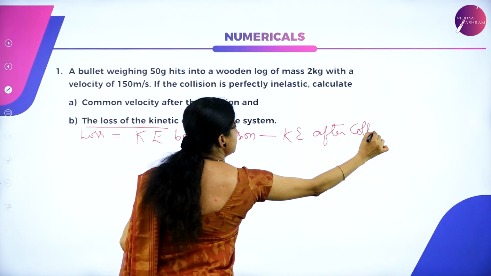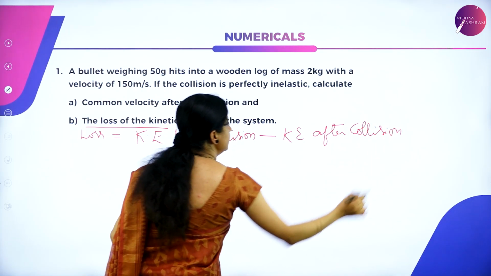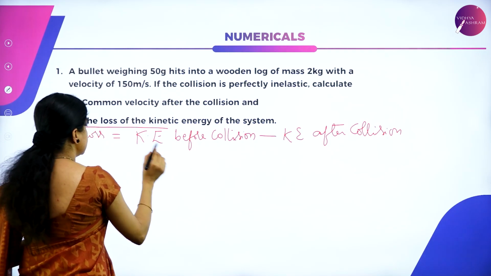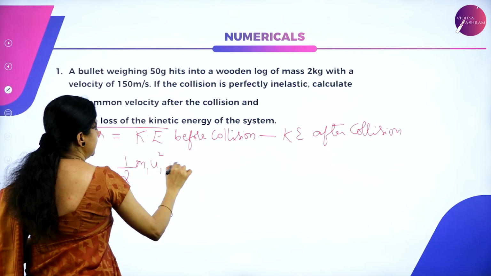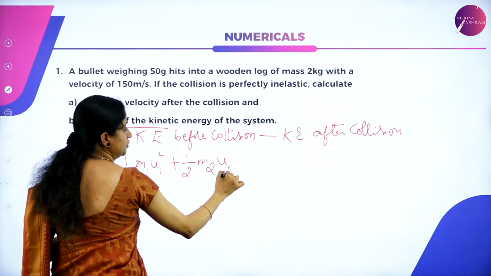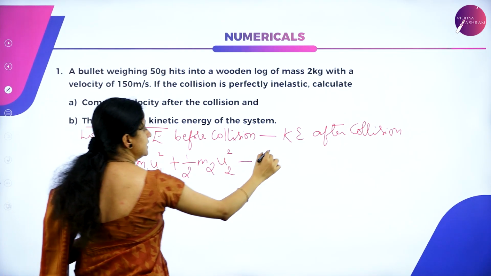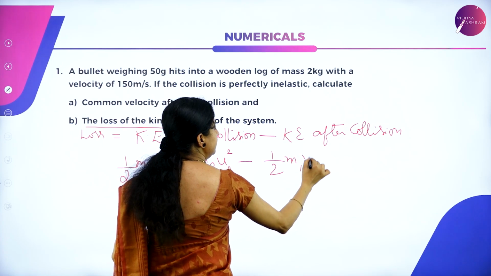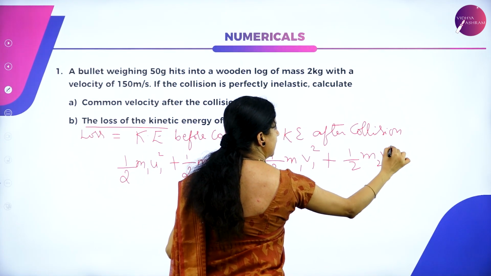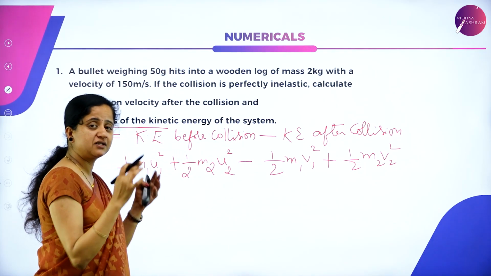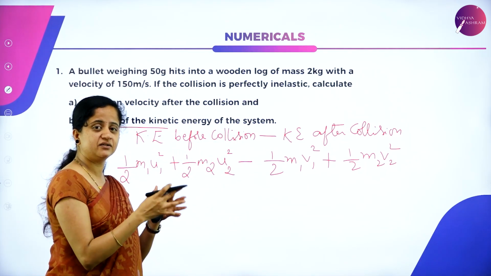What is the general expression for kinetic energy? It is half mv square. So before collision it is half m1 u1 square plus half m2 u2 square, minus half m1 v1 square plus half m2 v2 square. This is because we are talking about the system, both the bullet and the wooden log.